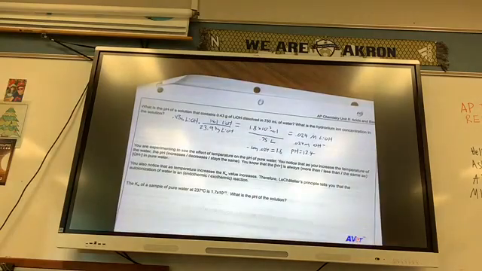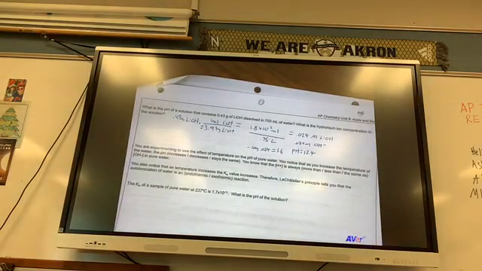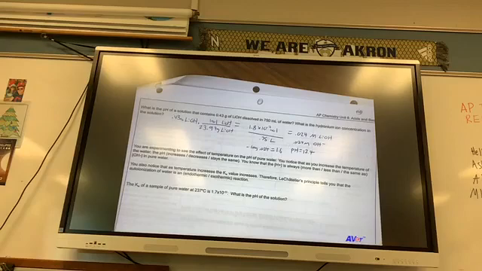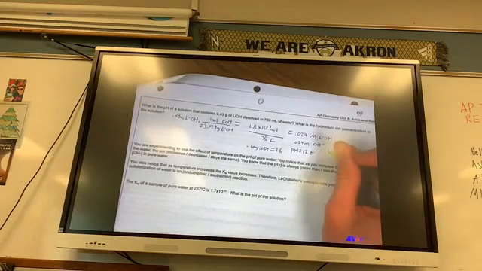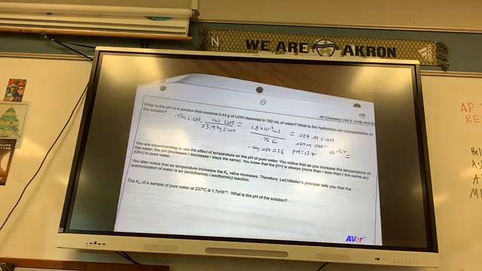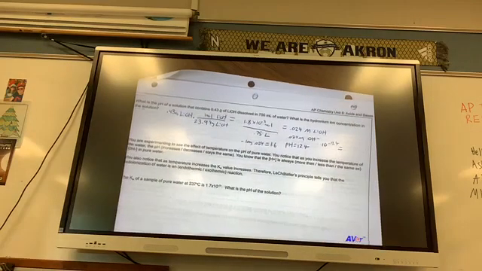But they didn't ask me for pH, they asked me for the concentration. So what do I have to do? Undo it. 10 to the negative 12.4. And what do you get for that? No, that's for ln.